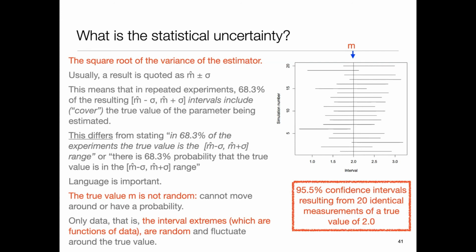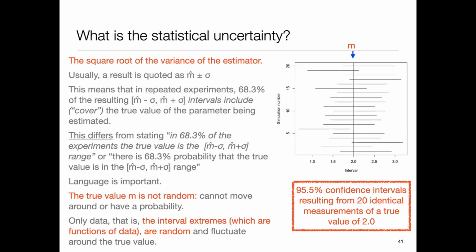And I'm trying to express this in this picture here on the right, where the intervals that you get from 20 measurements are those horizontal lines, and the true value m is this vertical line. Those intervals are actually not 1 sigma intervals, they are 2 sigma intervals.